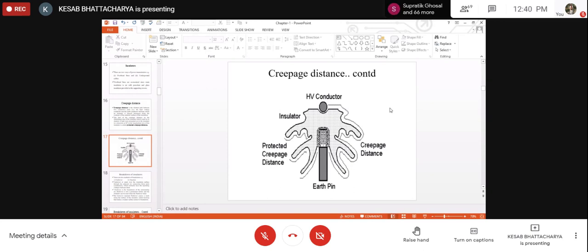Is the point clear? What do we really mean by the term creepage distance or creepage path or creepage length? Tell me. Yes, sir. Okay.